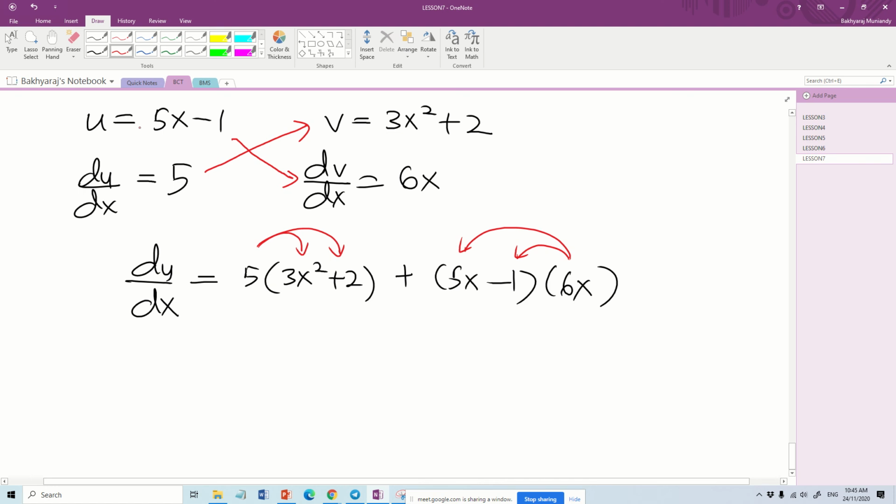Okay, so answer equal. Anyone? Saya nak bagi last answer. Nak cuba sama dengan last answer. 45x power of 2 minus 6x plus 10. Okay.